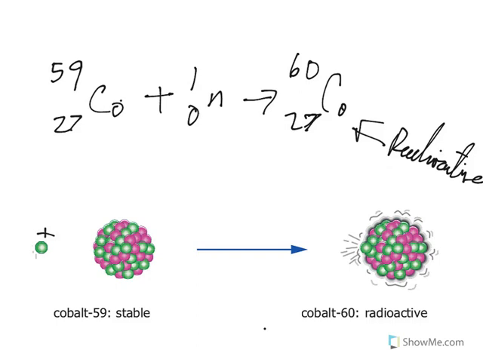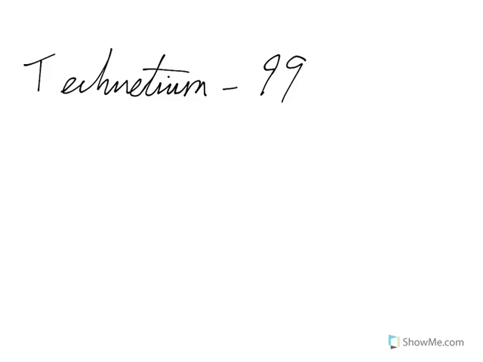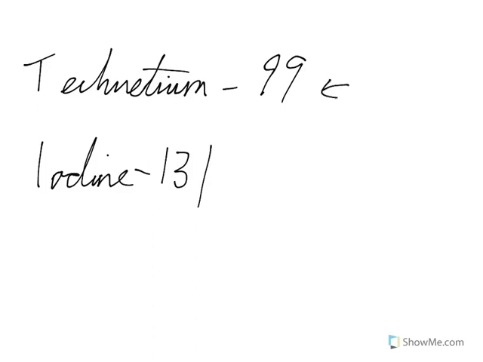All right, so in your notes there's a couple of other examples that are used. So technetium-99 is one that we use. Iodine-131 is also another one that we use. So technetium-99, we use that as a tracer.